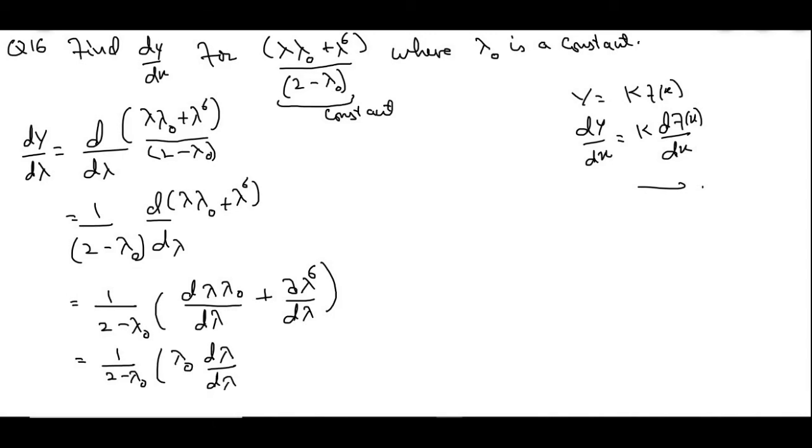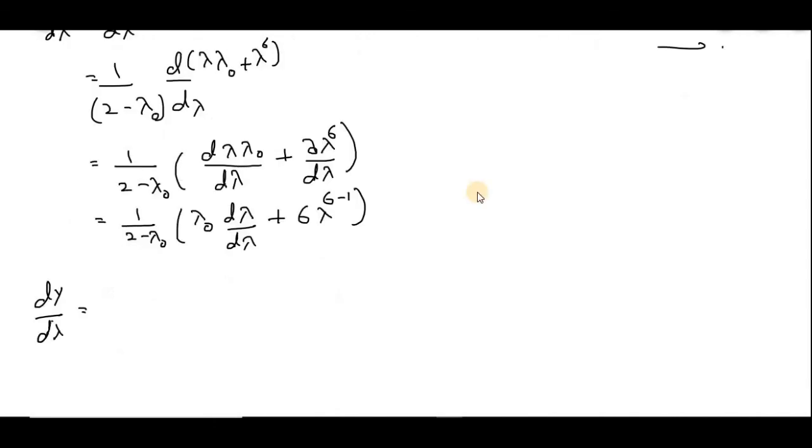Since lambda naught is constant, again we will take lambda naught out. So d lambda by d lambda plus 6 lambda to the power 6 minus 1.